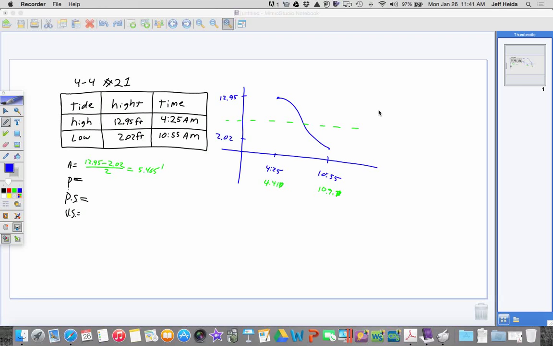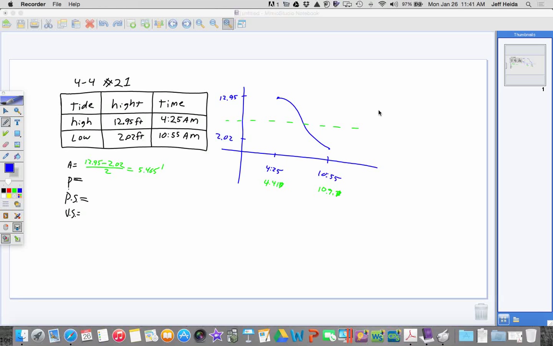And then how would you calculate the period? Period is 2 pi over b. Okay, we're looking at this problem. You have high tide at 4:25 and low tide at 10:55.